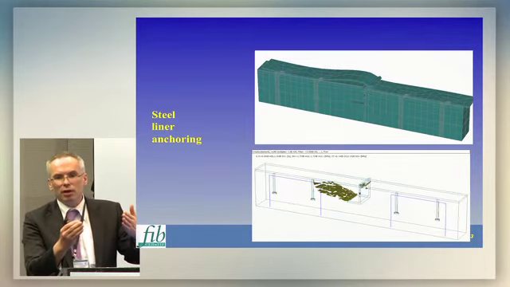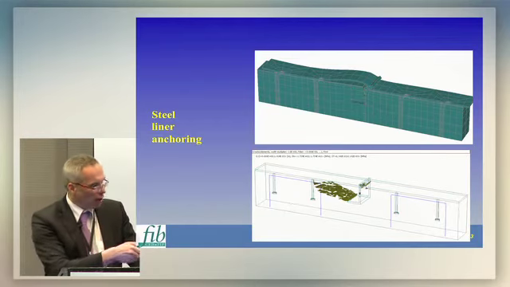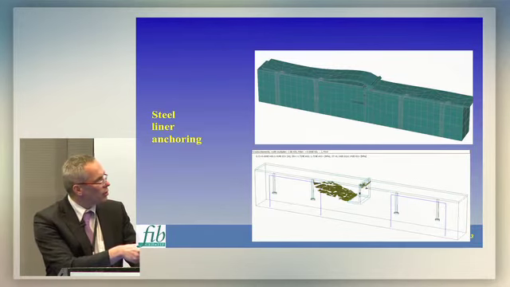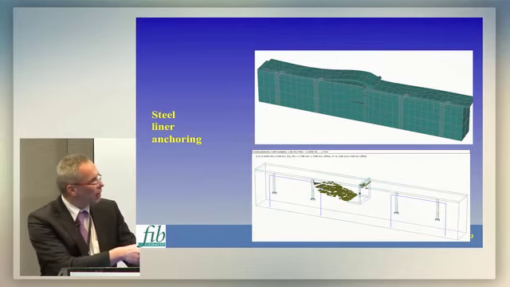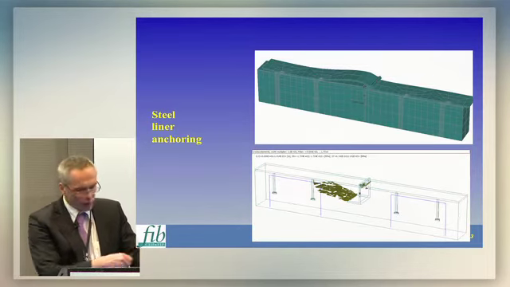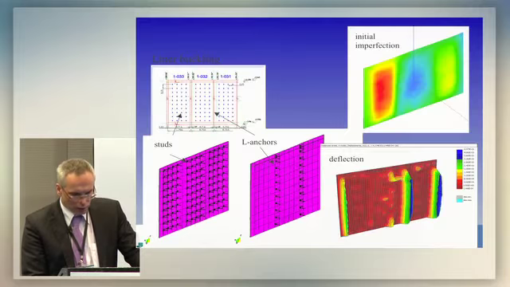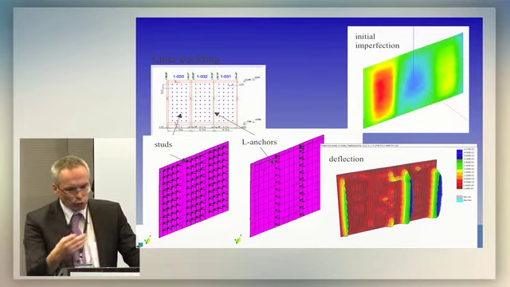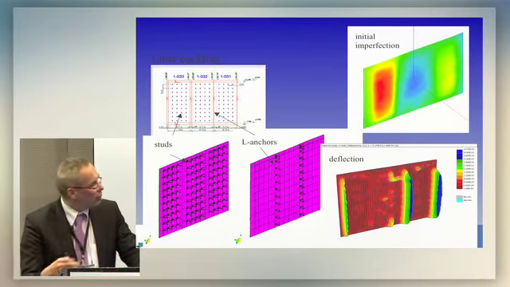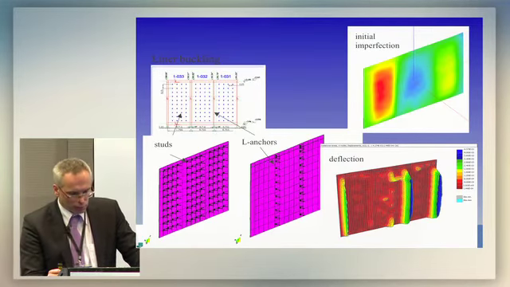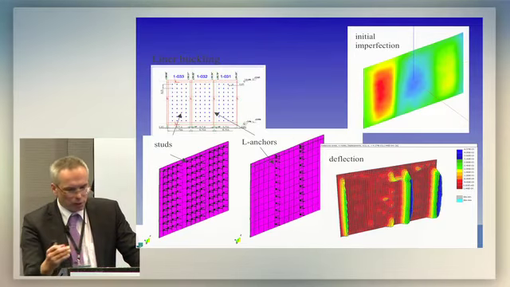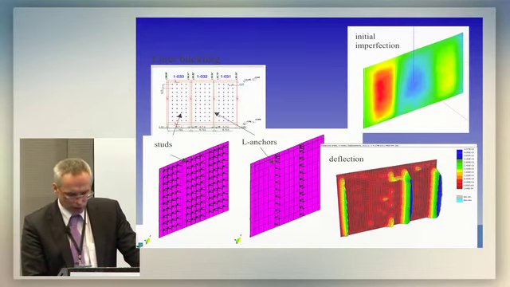Once it buckles, it will introduce non-uniform loading on the anchor, and then this may result in some cracking and some failure mode. And then nonlinear analysis could be used to calculate this load displacement behavior of these anchorages.